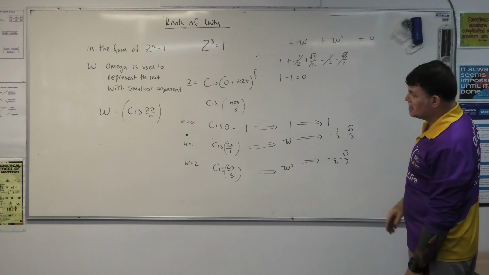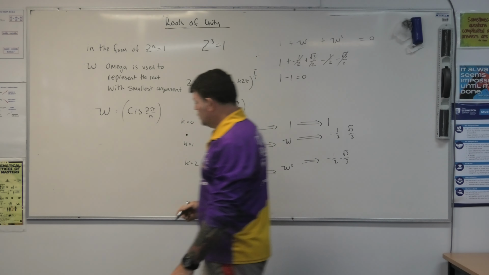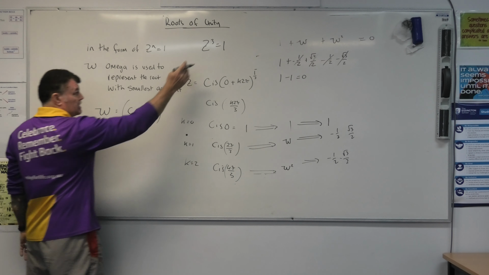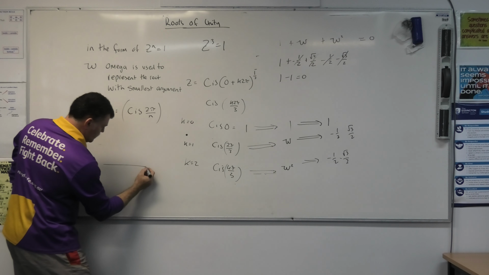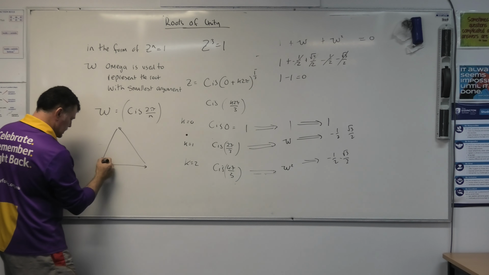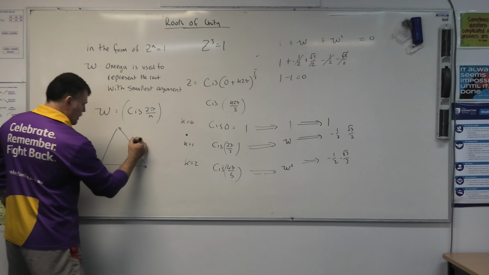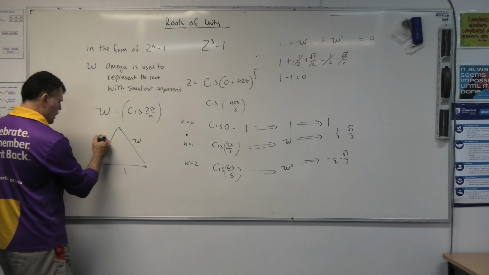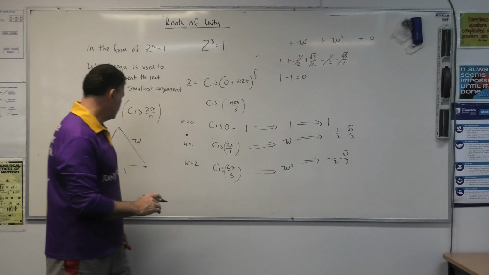Another way that you can sketch this is by using what we call a vector form. We know that this should give us a triangle. So if we drew our vector forms in triangle form, it should follow the same premise as before. I start off with 1, then I've got omega, and then omega squared. Oh, really exaggerated that one, didn't I?